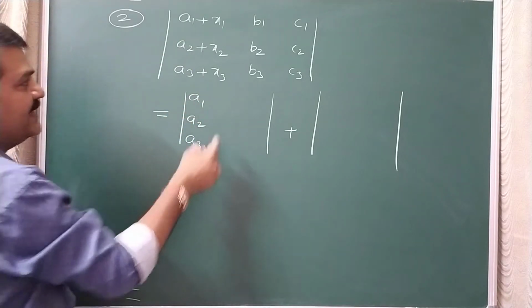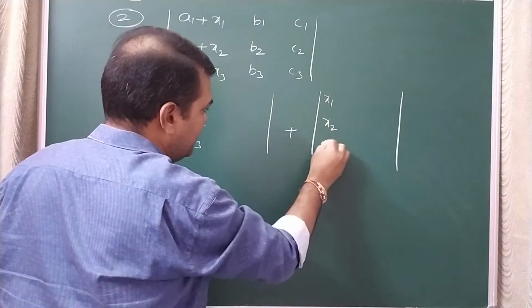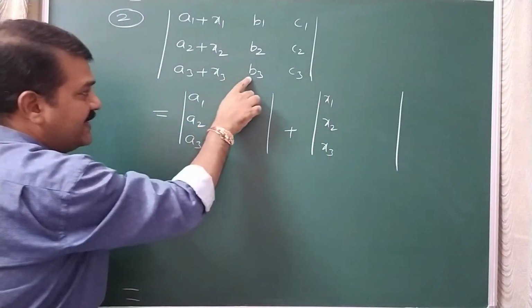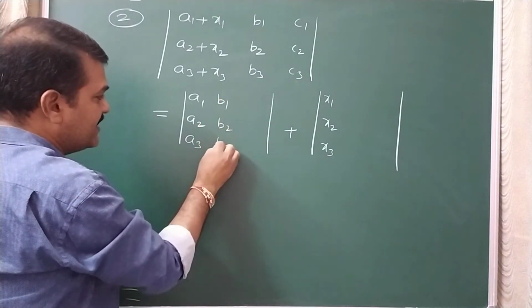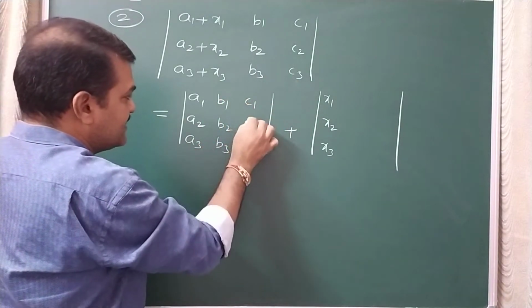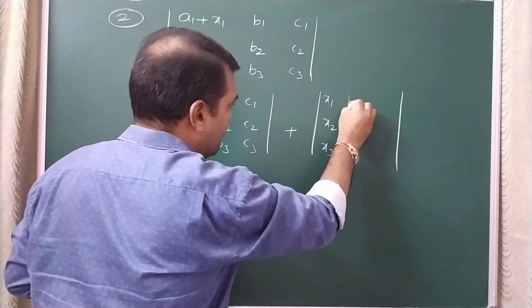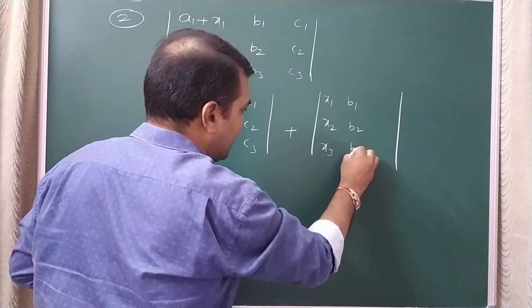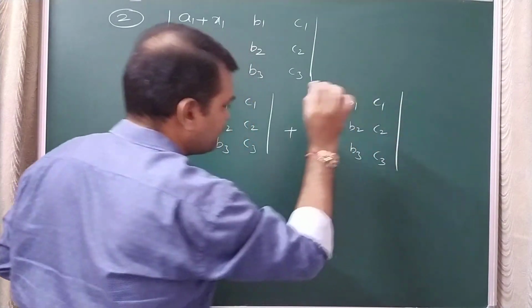In the second determinant, we will write the second numbers like X1, X2, X3. The remaining two columns, the first column and second column, we write as they are in both determinants.